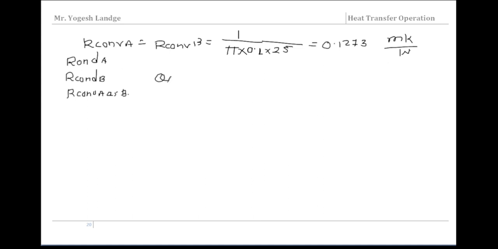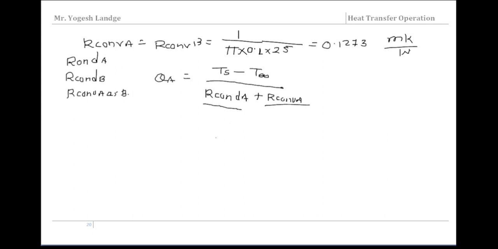It is the heat loss from the insulating material A, and the formula is the temperature of the steam flowing inside minus the temperature of the surroundings, upon R conduction A plus R convection A, because in this section one resistance is by conduction and the other is by convection. So that is the total: R conduction A plus R convection A.